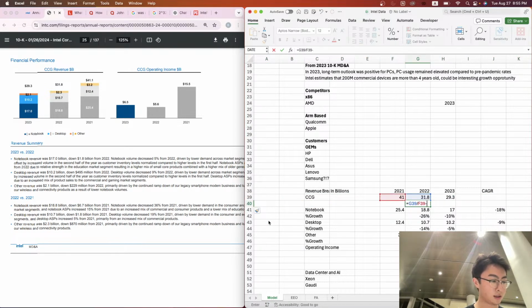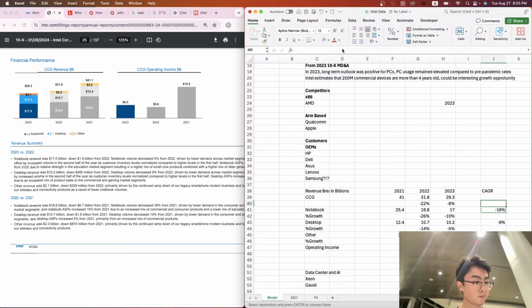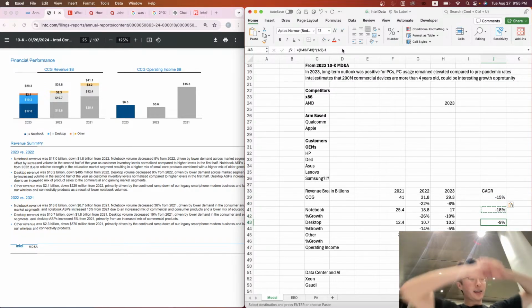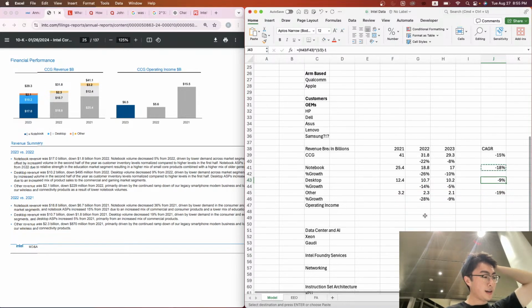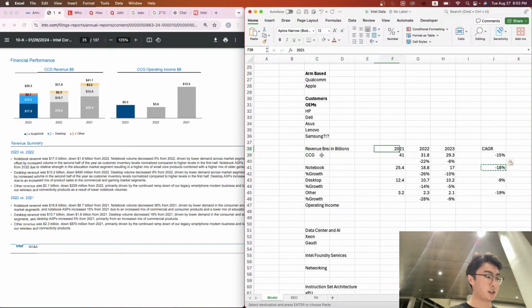Let's see. Okay, so negative 15%. All right, yeah, things are not looking too hot from a revenue perspective, especially in the CCG.